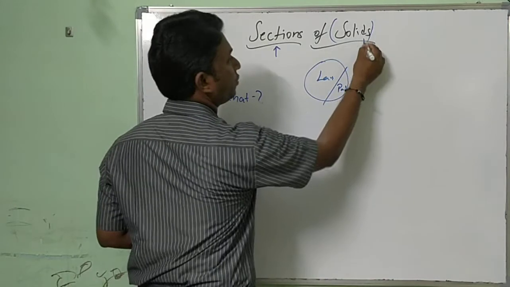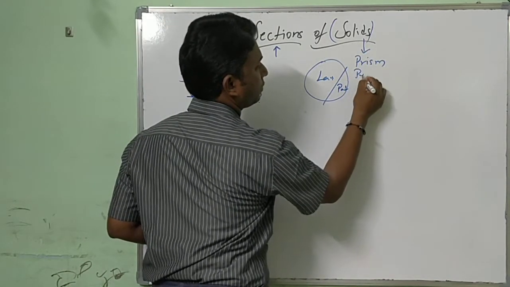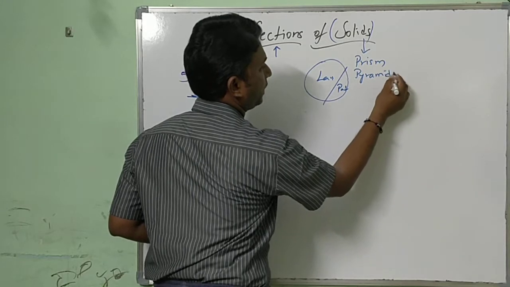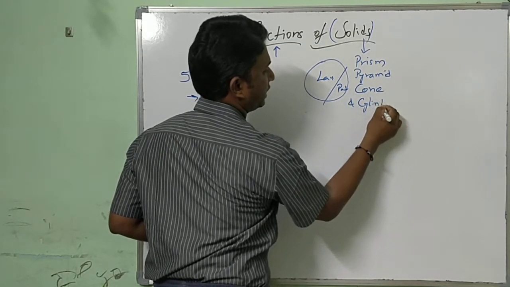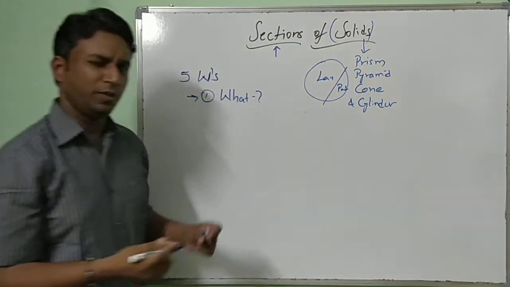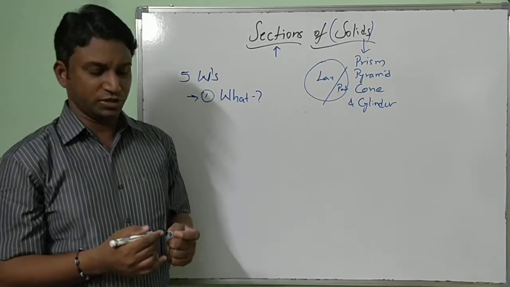Now mainly we will focus on these solids: prism, pyramid, cone and cylinder. Let me briefly recall these 4 solid objects.